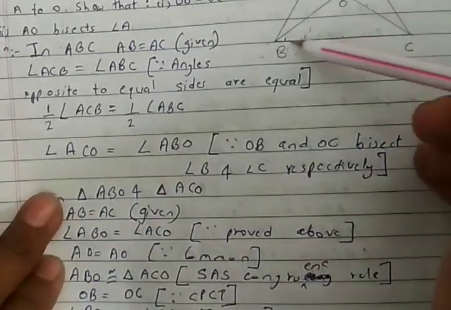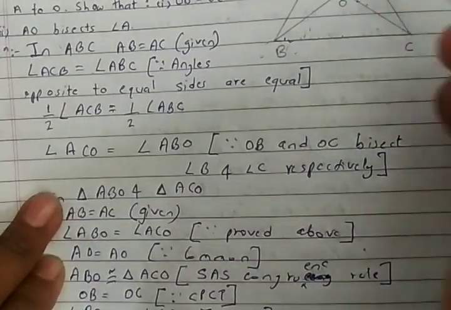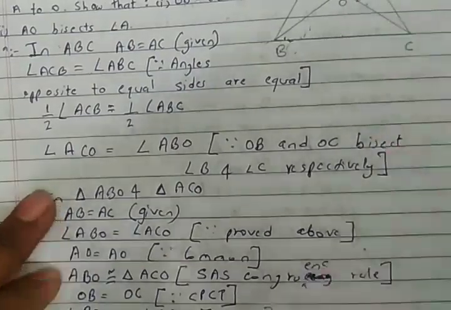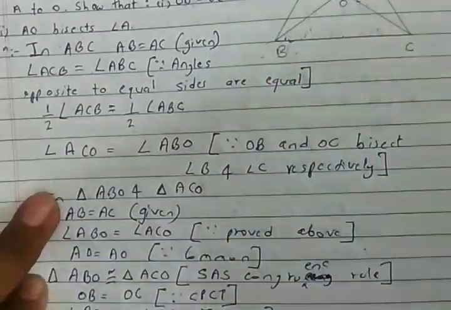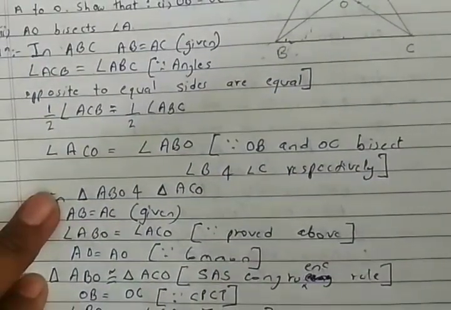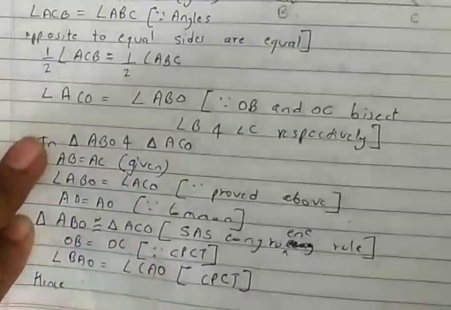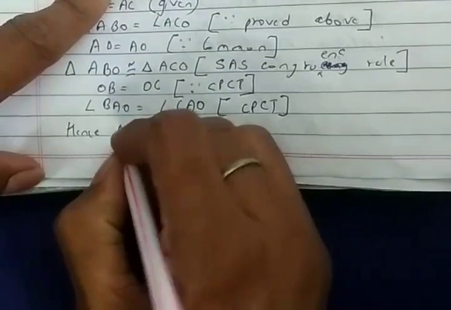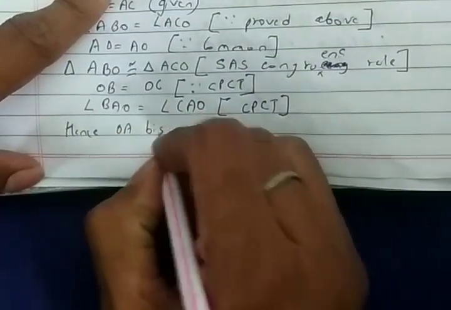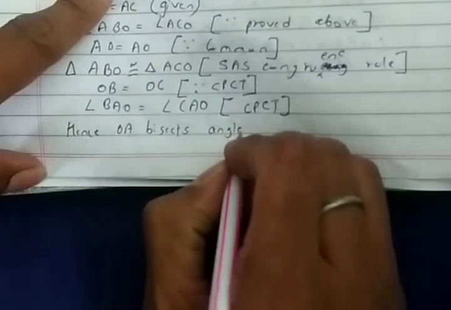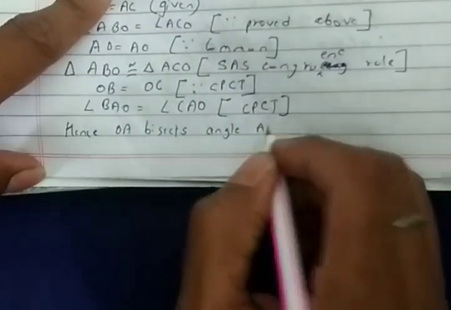When BAO is equal to CAO, you mean to say that AO is the bisector of angle A. So you can write that hence OA bisects angle A, right?